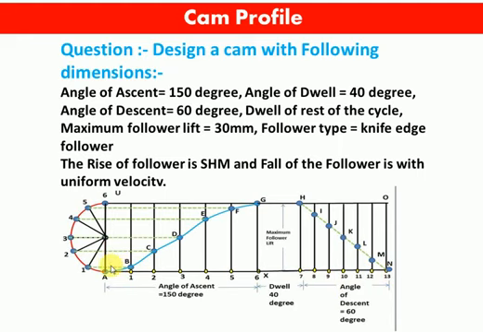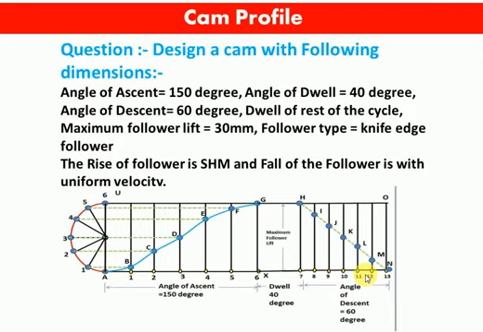And the maximum follower lift, that is AU, is 30 mm and the follower is knife edge type. The rise of the follower is simple harmonic motion, that is, the angle of ascent follows simple harmonic motion, whereas the angle of descent follows the uniform velocity displacement diagram.